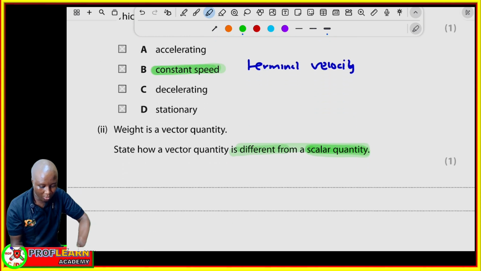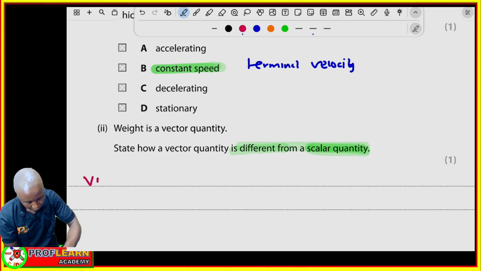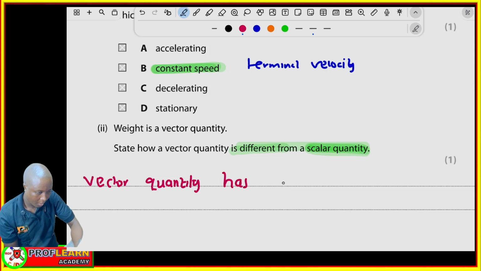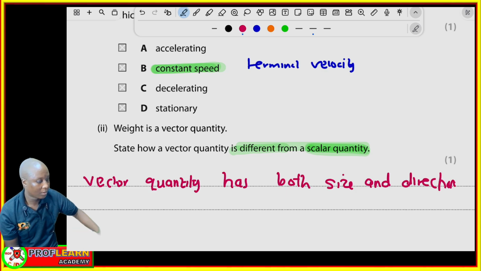So we can say a vector quantity has both size and direction.